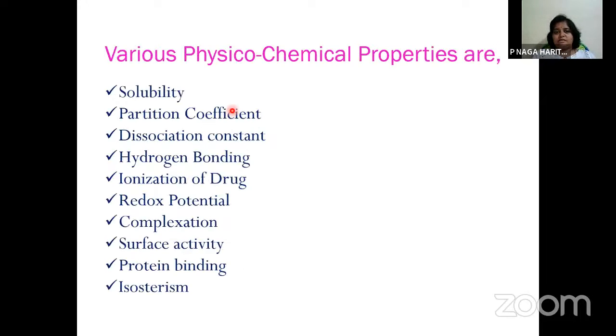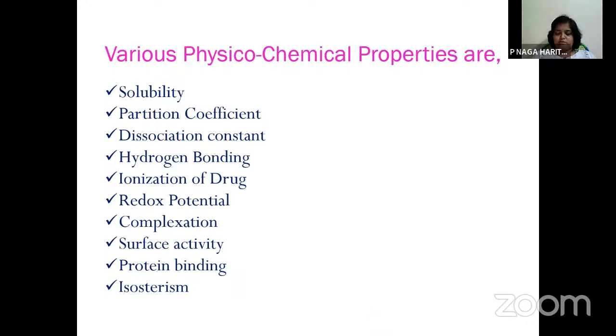So these are the various physicochemical properties available, starting from solubility, partition coefficient, dissociation constant, hydrogen bonding, ionization of drug, redox potential, complexation, surface activity, protein binding, and isosterism. Almost 7 to 8 types of physicochemical properties are what we are going to study today.